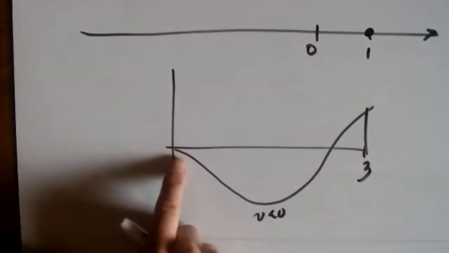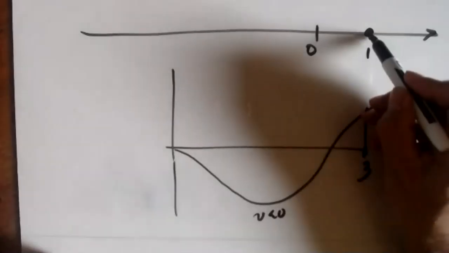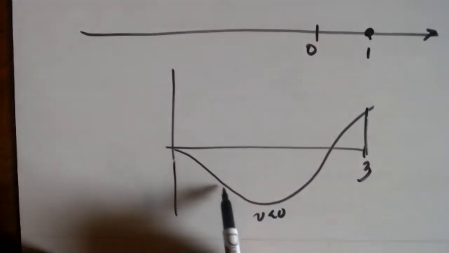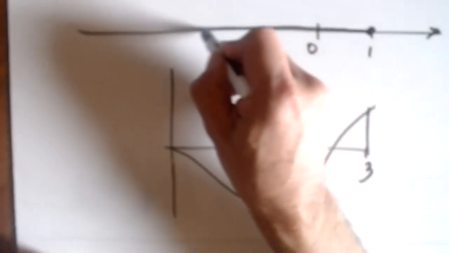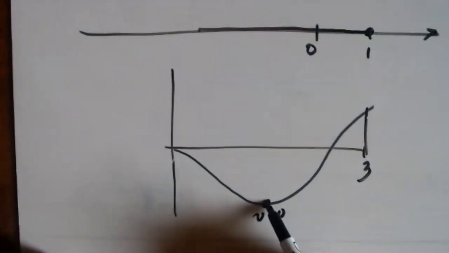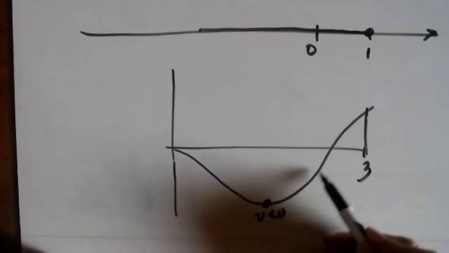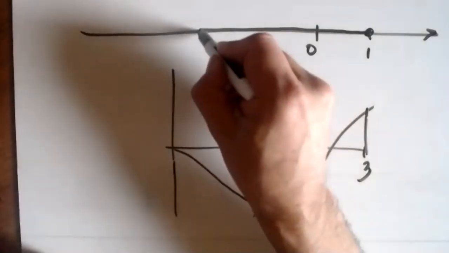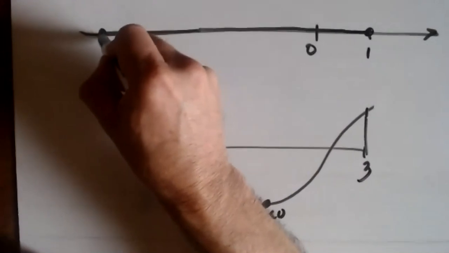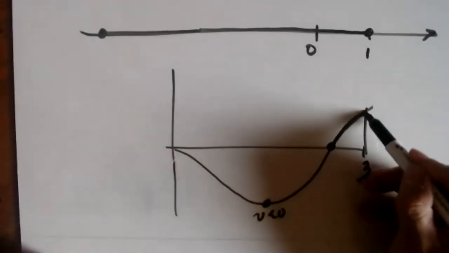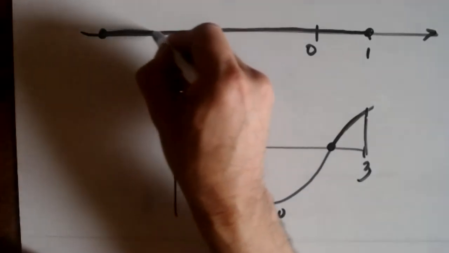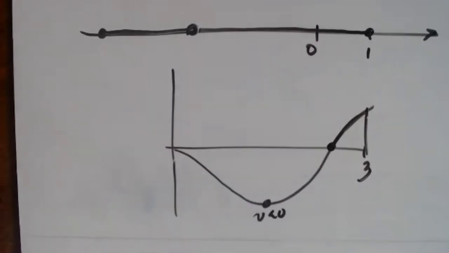The velocity begins at 0, so it's at rest. So it's more negative, more negative, more negative. That means it accelerates, then reaches a max velocity right here, and then begins to decelerate until it stops right here, correct? Then at this point, the velocity is positive, so it begins to return until pretty much right here.